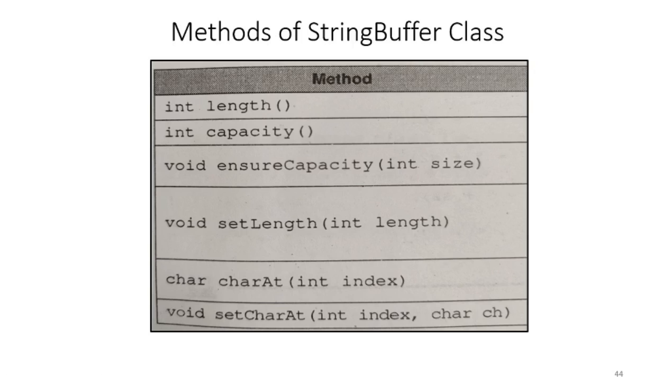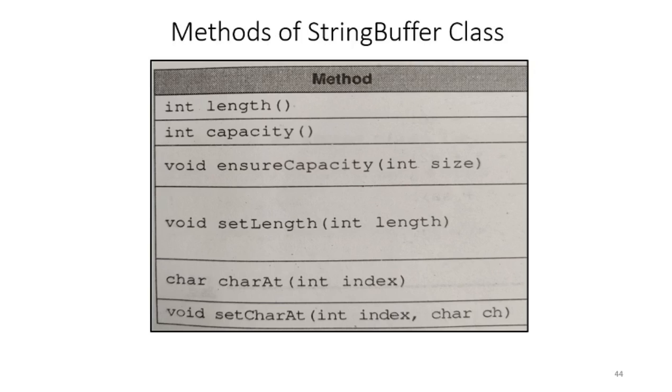Then setLength. This method has the parameter integer length, and it sets the length of the string in the StringBuffer. If the current length is less than the specified length, null characters are added. If the current length is greater than the specified length, the string is truncated.